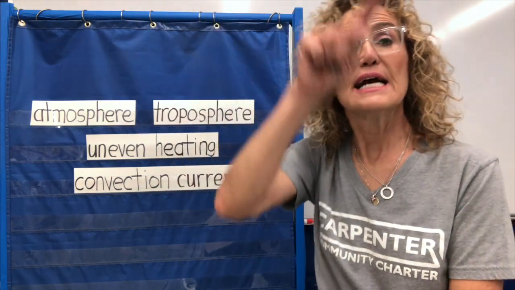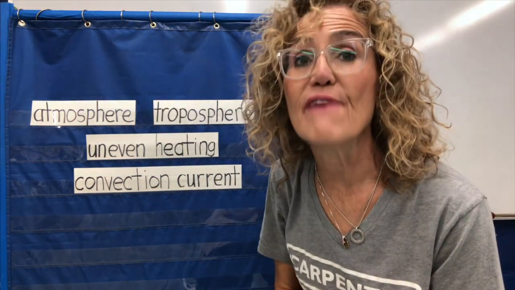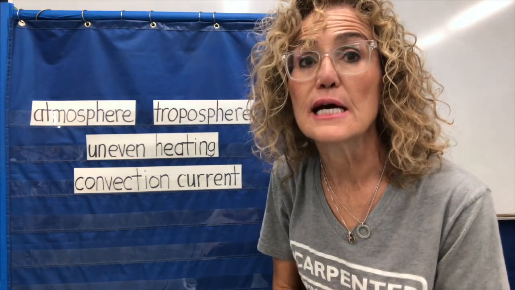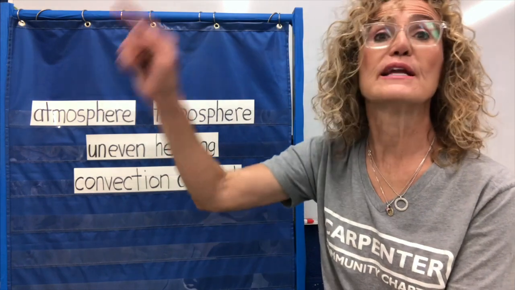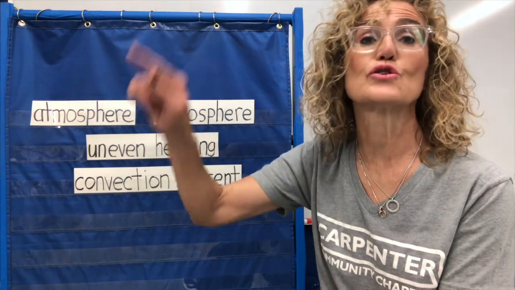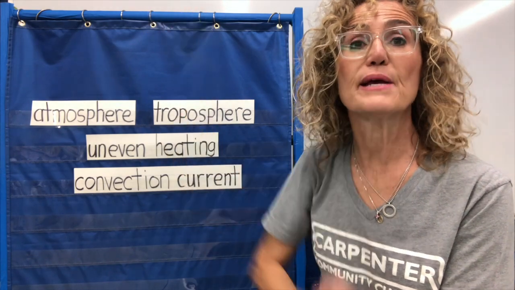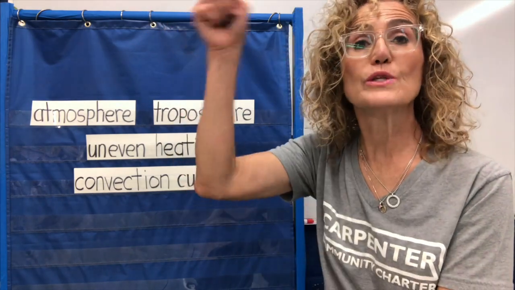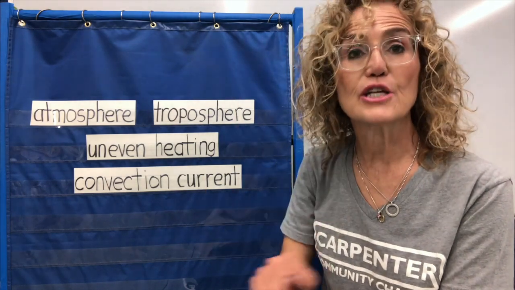And that circular motion is called a convection current. Maybe some of you guys have convection ovens at home, and that's hot air that is moving in circles inside your oven. So hot air rises because it's lighter, cold air sinks because it's heavier, and it creates a convection current.